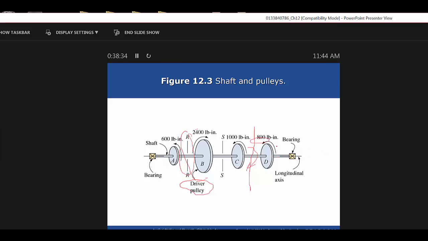Well, if we cut it right here and looked at the shaft to the right, that's where they're saying we would actually have 0 torque there. Does that mean we can get rid of the shaft? No, not really. Because then we'd have to look at the overall system to see what those two ends would have to work on, right?